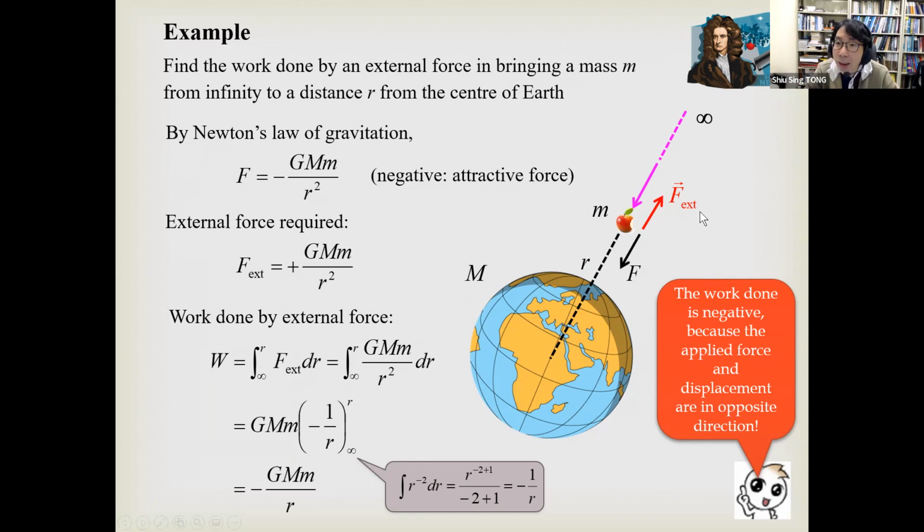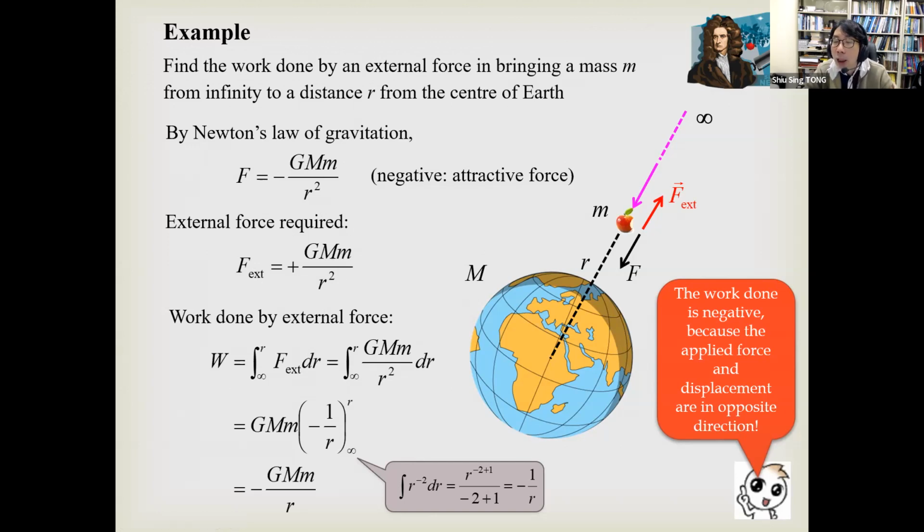So the Superman is now applying an external force that balances the gravitational force. The external force that the Superman applies is exactly equal to the gravitational force, but in the opposite direction. So instead of a minus sign, you now have a plus sign, and GMm over r squared is the same.